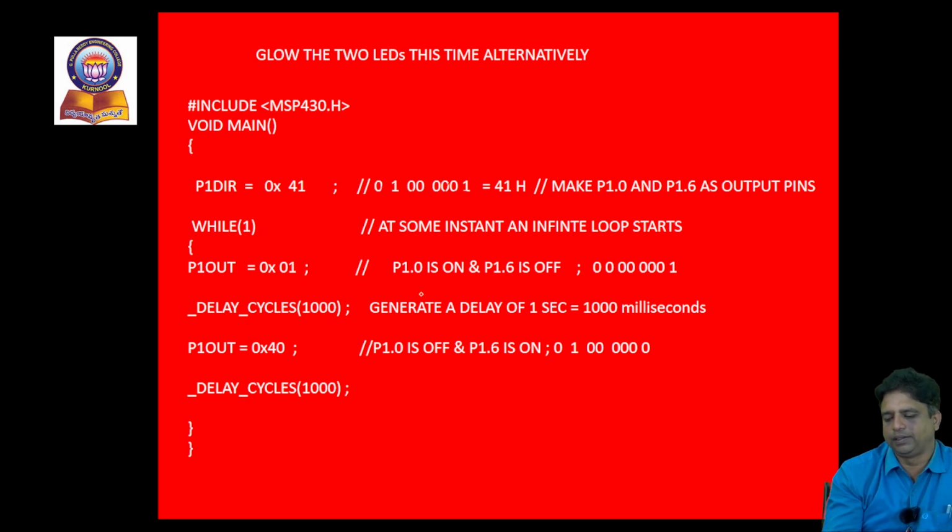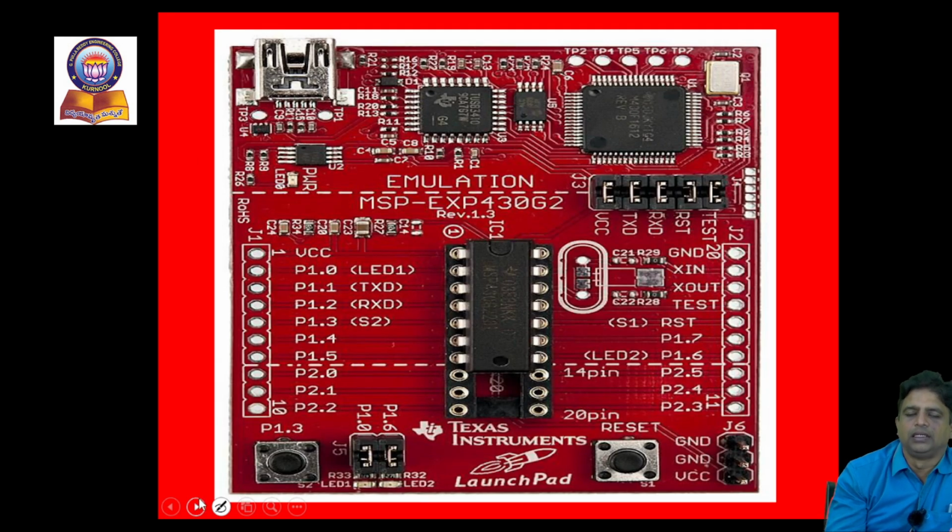In this case, P1.0 is on, P1.6 is off. In the second case, P1.0 is off and P1.6 is on. And this can be performed using some delay operation. Slowly, we are improvising. One LED blinking, two LEDs blinking, then two LEDs going for alternate arrangements. These things could still be improvised.